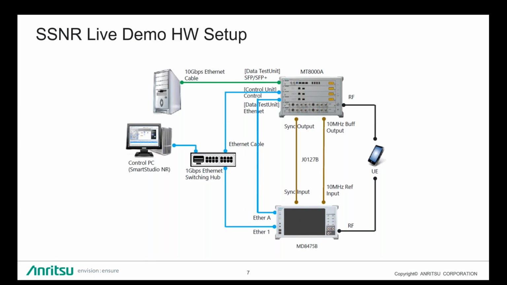One of the key points here is that we do have the server connected to what we call our data test unit or data test module. The data test module connects to the external server via a fiber 10 gigabit Ethernet cable. This is where we can actually send data to an external server to test IP layer throughput. It's very similar to the RF measurement software where you can do IP throughput as well.